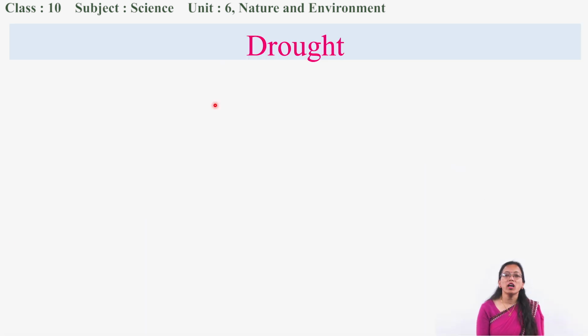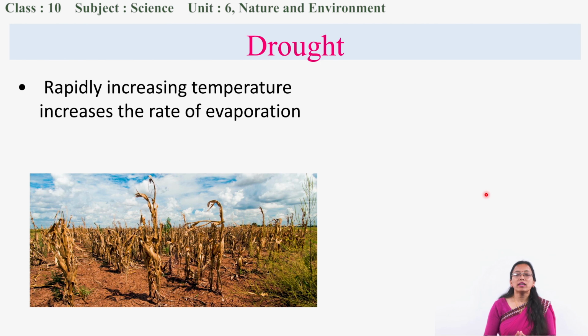Another effect of climate change is drought. What is drought? All of you know that. Due to the rapid increase in temperature, the rate of evaporation of water contained in the soil also increases.